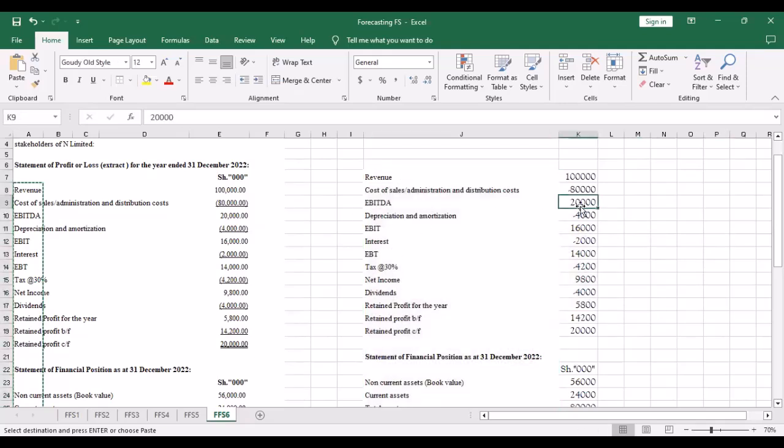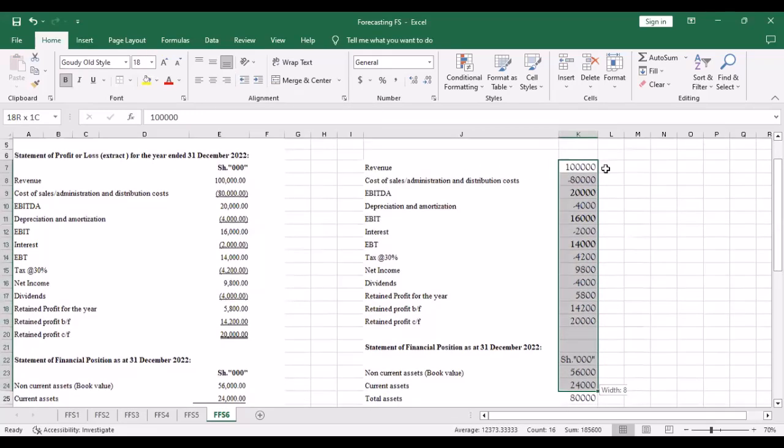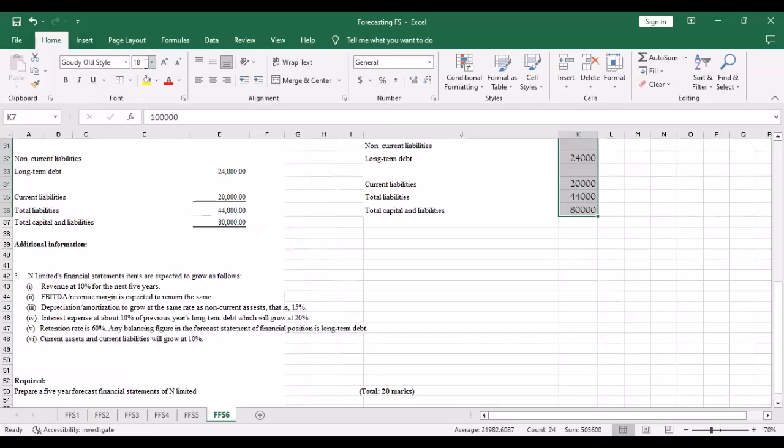So this one maybe can be in bold. Also this one in bold. Then also earnings before tax in bold. I don't like the layout. Maybe I'll change to Cambria.